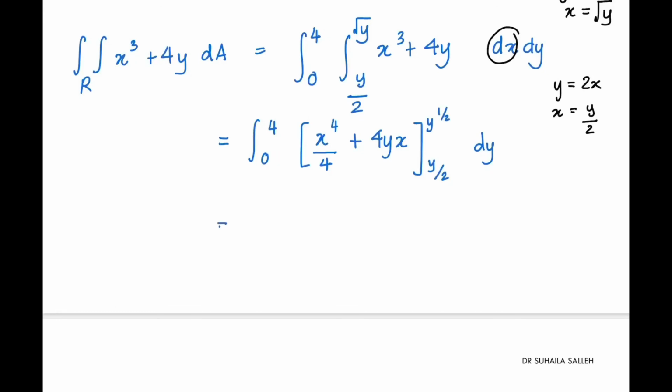So our next bit, we insert the limits for x. Now where do we insert the limits? Is it in x or in y? It should be in x.